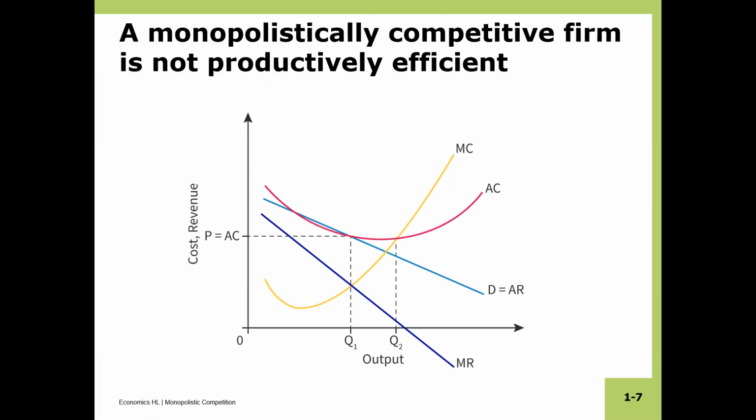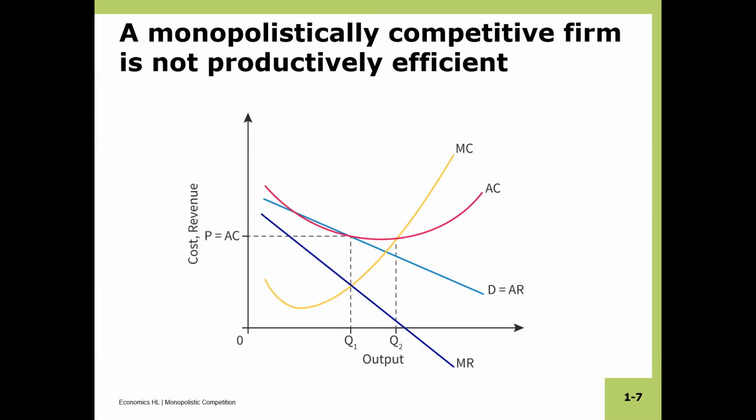Remember, the beauty of perfect competition is all these things are equal: price is equal to marginal revenue, is equal to marginal cost, is equal to average cost. In perfect competition, the firm is productively efficient and allocatively efficient. So, are they producing at the lowest point on their average cost curve? No, because they're going to produce Q1, and Q2 is where they're productively efficient.